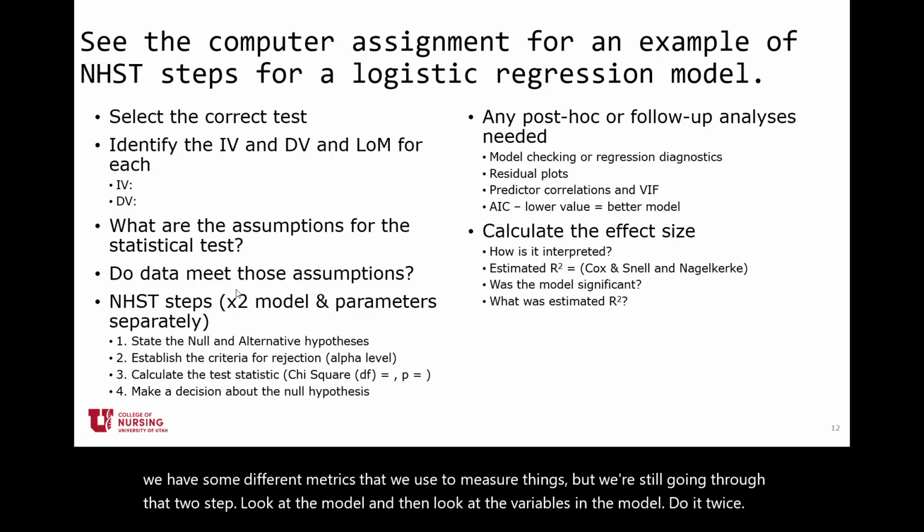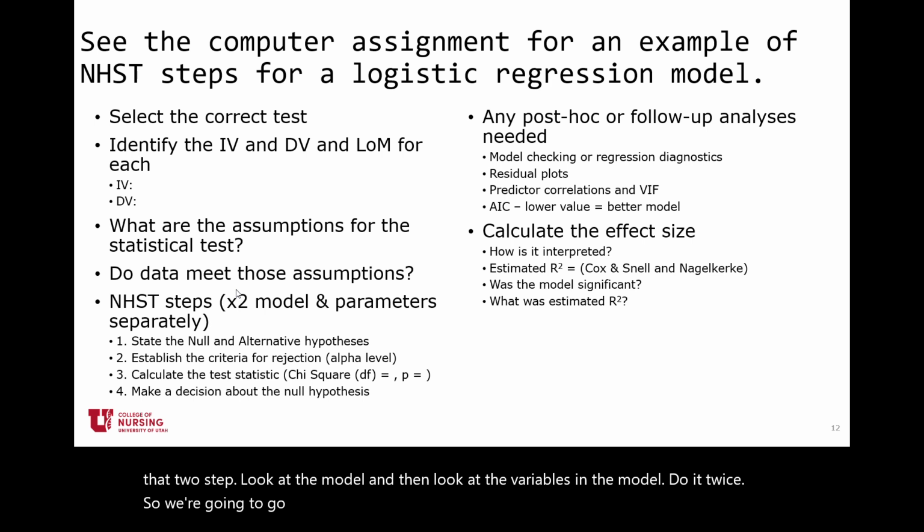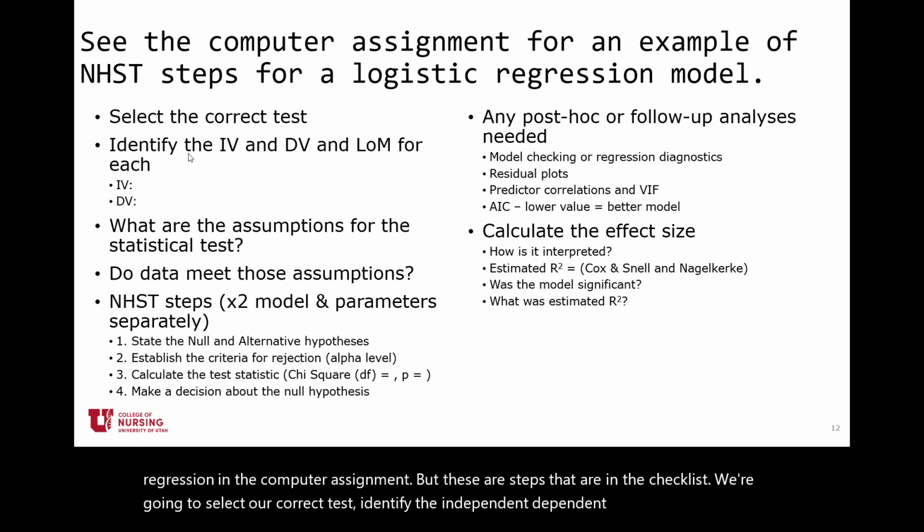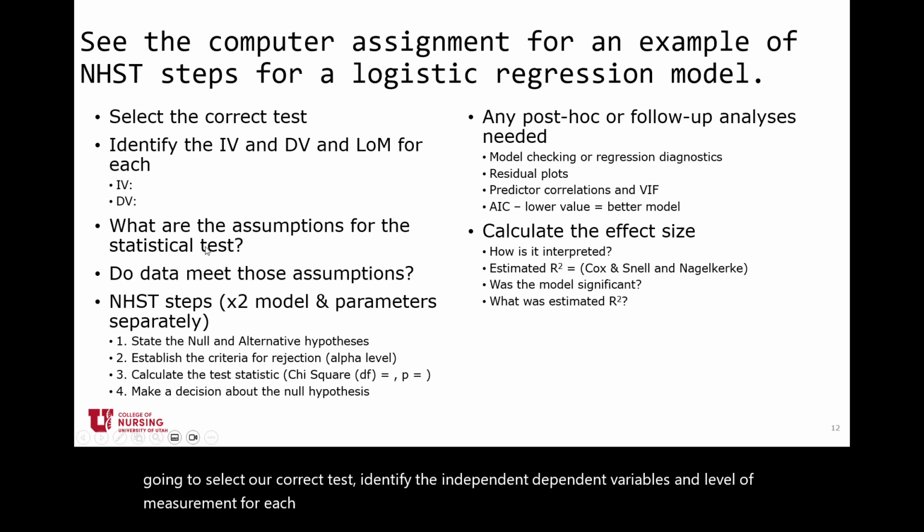We're going to go through the steps for null hypothesis significance testing for logistic regression in the computer assignment, but these are the steps in the checklist. We select the correct test, identify the independent and dependent variables and the level of measurement for each one, and check our assumptions.